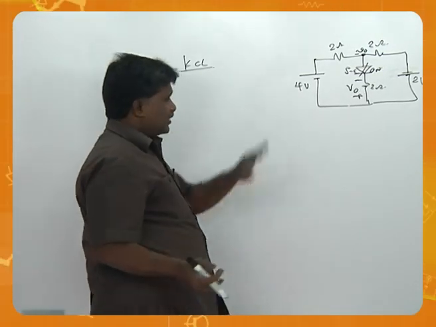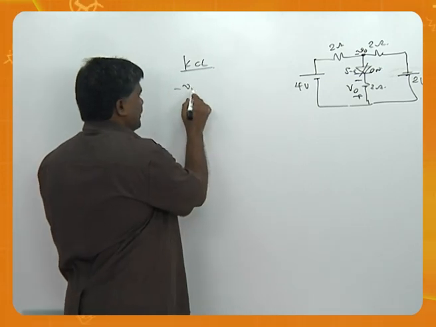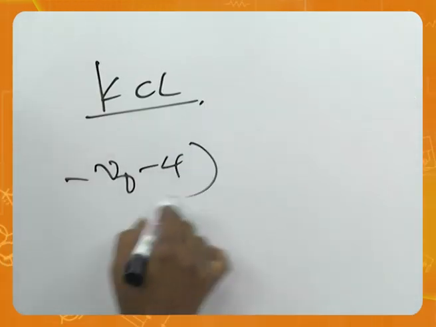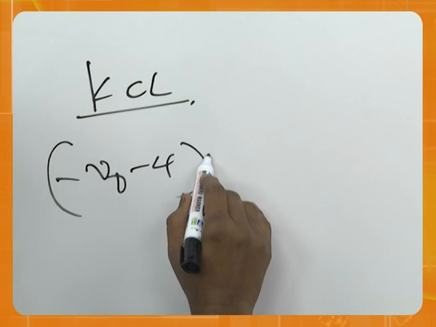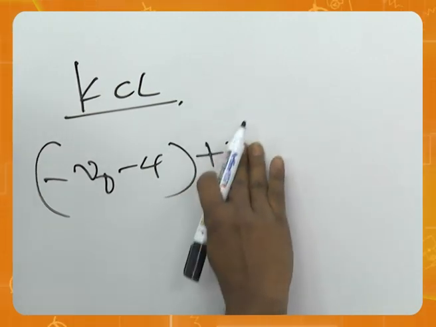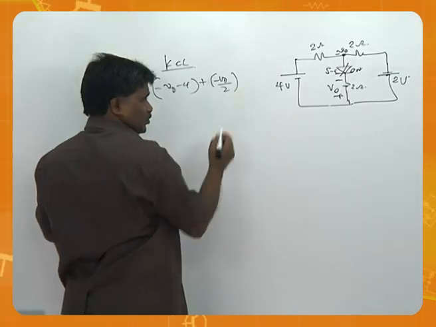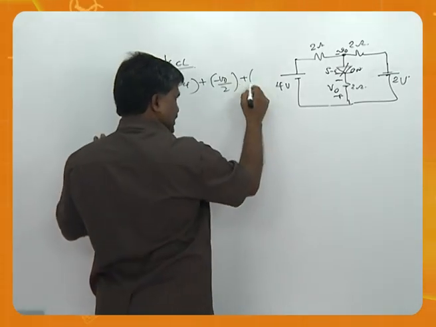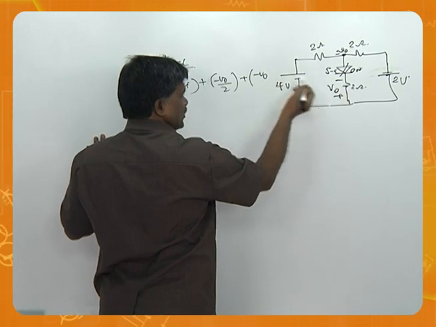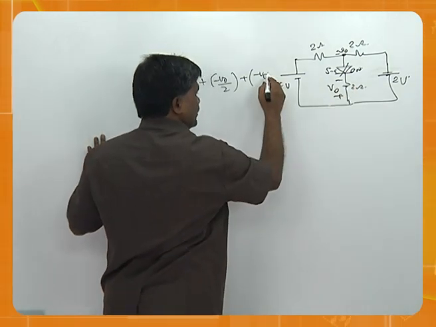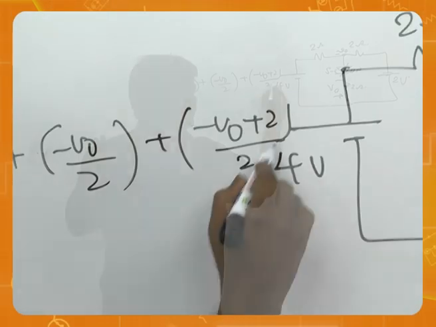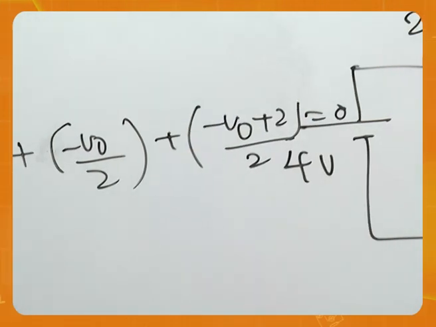As already said, all currents leaving. So minus V0 there, minus 4, then minus V0 by 2, then plus minus V0, minus of minus 2 will become plus 2 by 2, is equal to 0.